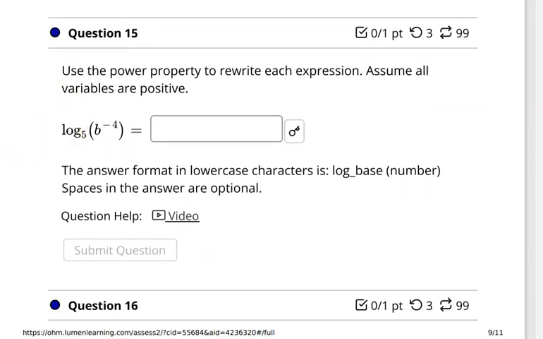Okay, so now log base 5 of b to the negative 4. You can recognize the same thing when the powers multiply out in front of things when you're doing logs. So that's the same as negative 4 log base 5 of b. That's all they're looking for.